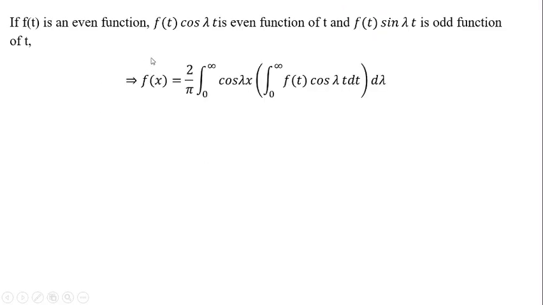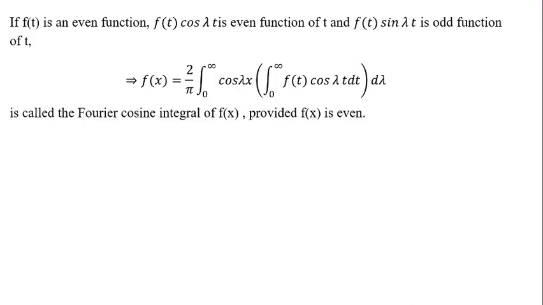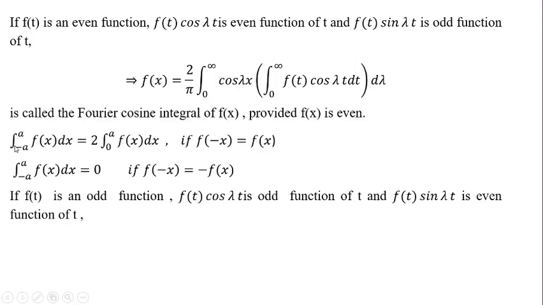Now, the first possibility is if the function is even, then cosine being an even function, its product with f of t will be an even function of t. Also, as the sine function is odd, the product of f of t with sine lambda t is an odd function. As per the property of definite integrals, if we have an integral of the form minus a to a f of x dx, then it takes the value 2 times 0 to a f of x dx if the function is even.